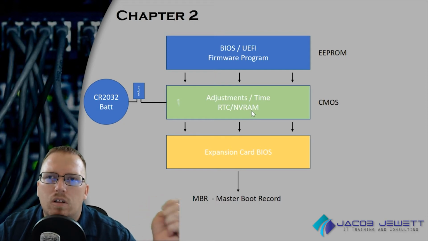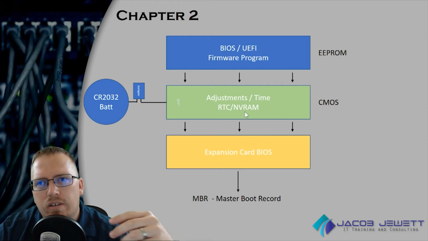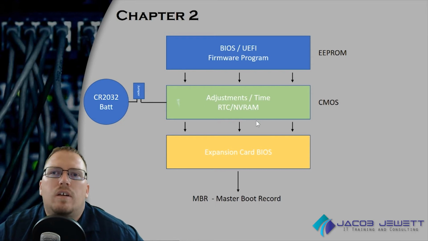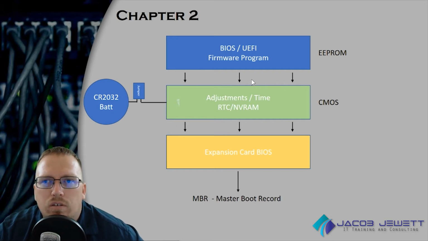The reason why they call it non-volatile RAM is because it requires so little power to keep the information on there that it essentially is non-volatile. Okay, it essentially will not lose the information. For example, this battery that's on the motherboard will last typically 3 to 4 years without being changed. So 3 or 4 years of information being kept on this chip without it losing it, that's pretty non-volatile.